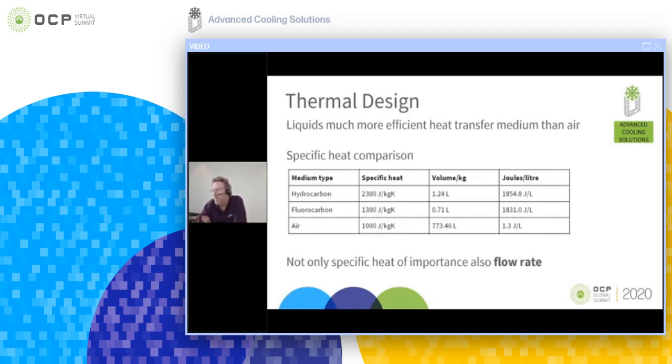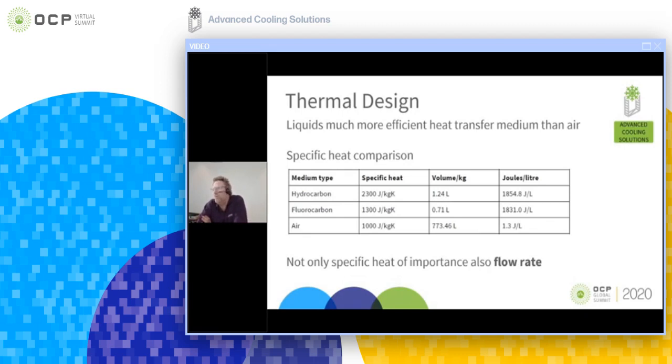I've chosen to show here a table representing the specific heat comparison of the different liquids. The two most predominant liquids are hydrocarbons and fluorocarbons, and there's a significant difference in specific heat.